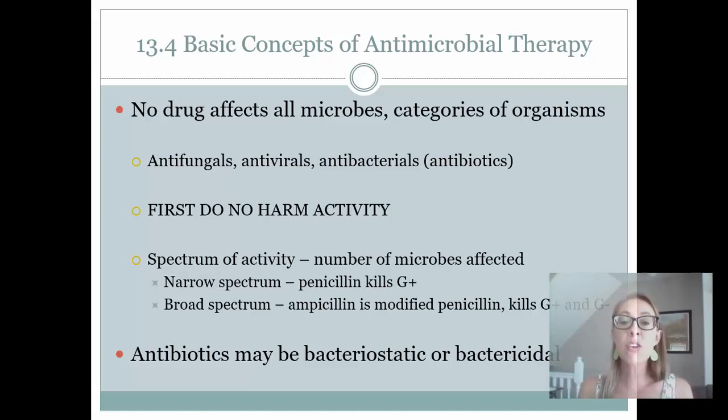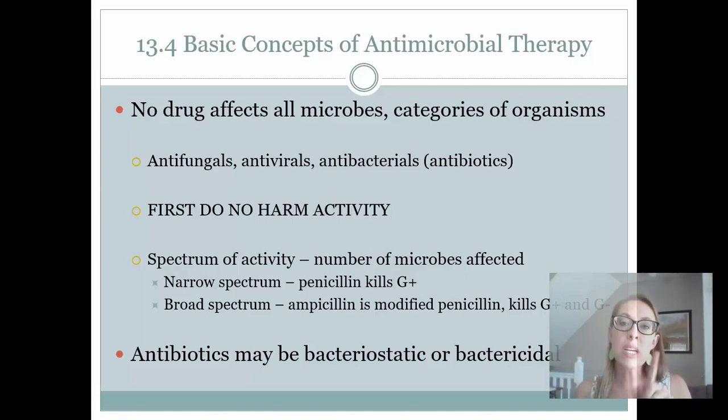So when we consider these three broad categories of drugs and the organisms that they inhibit, we need to think about the idea of selective toxicity. So the activity that we have there, first do no harm, can be completed on a scratch paper if that's all that you have in front of you. But I would like you to take a second, think about selective toxicity, think about what you know about fungal species, viruses, and bacterial species.